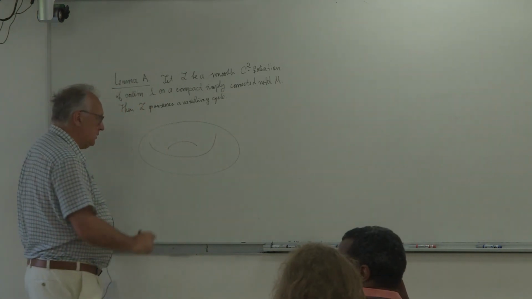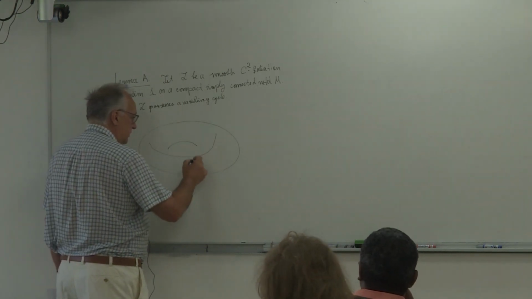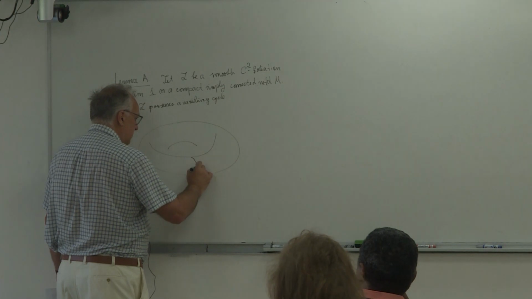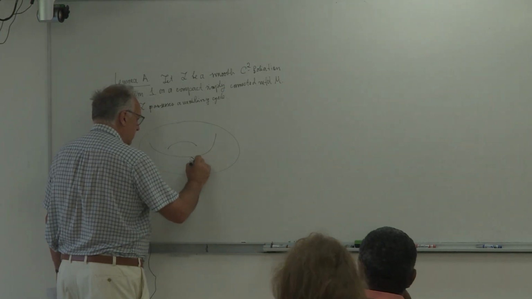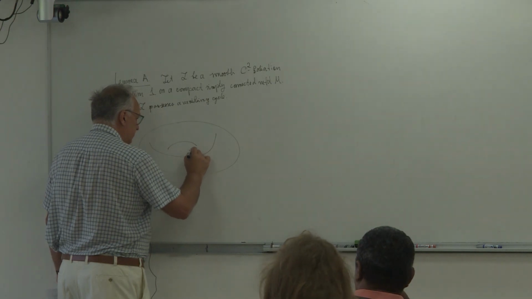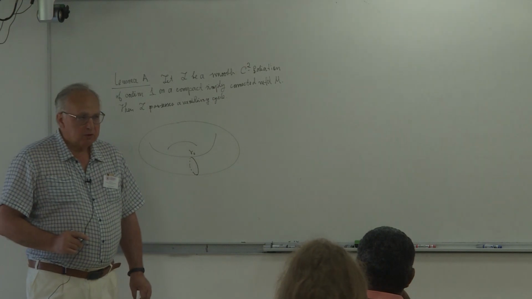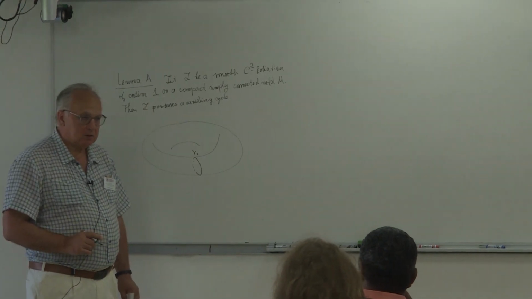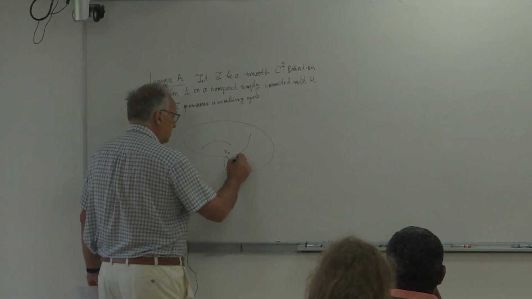Now we have a solid torus. Its boundary is a leaf, and you take a closed curve gamma 0 on the boundary, which is not homotopic to 0 on the torus. And our foliation is like that.